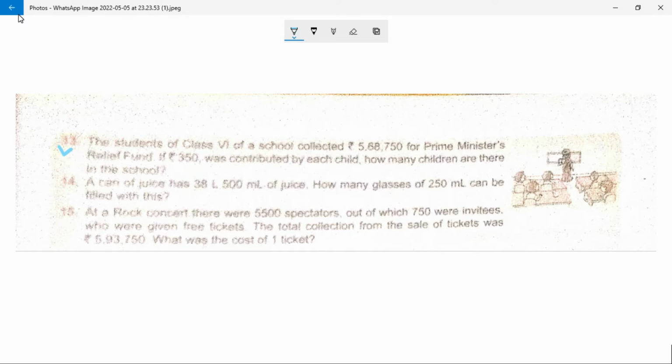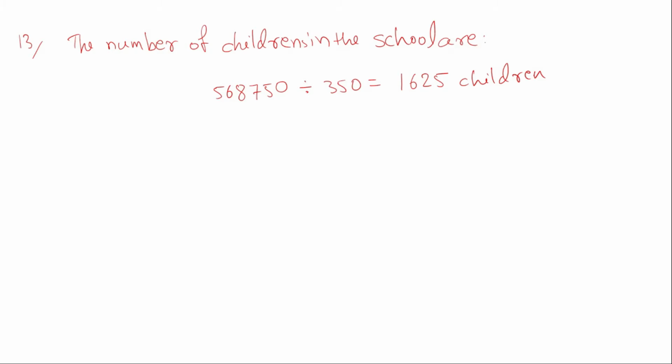As I have told you, you have to divide. So the number of children in the school is 568750 divided by 350. When you divide it, you will get 1625 children. You have to divide using the proper division method, so you will get this answer.